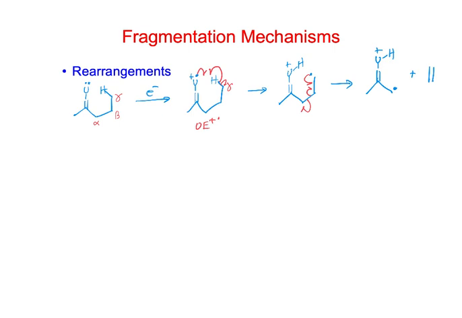Notice, different from the other mechanisms that we've seen, we're starting with this odd electron ion over here, and what about this fragment ion that we just generated? Is it an even electron ion or an odd electron ion? Odd, right? Because it has that radical on there as well. And so in this case, if we have an even number of nitrogens, it's going to be an even mass.